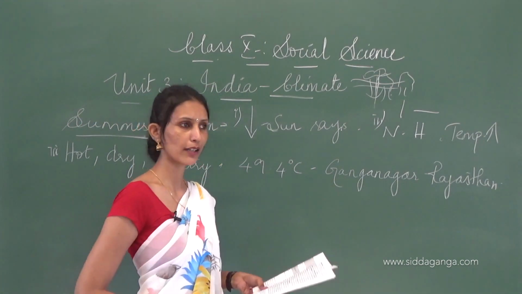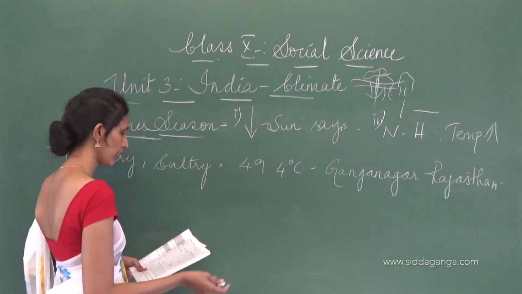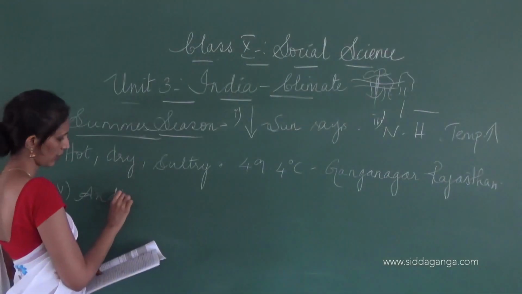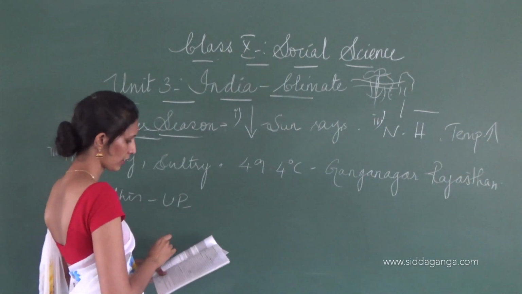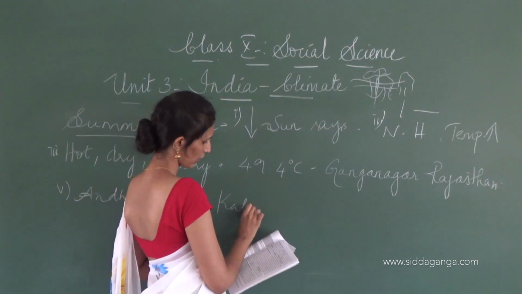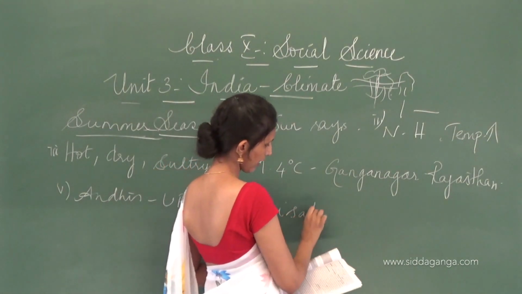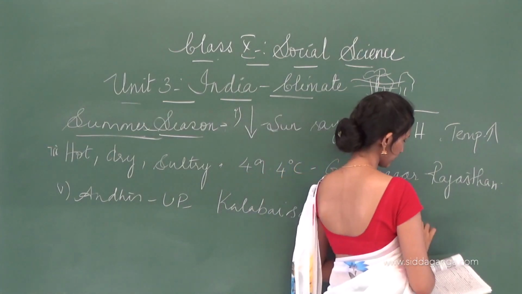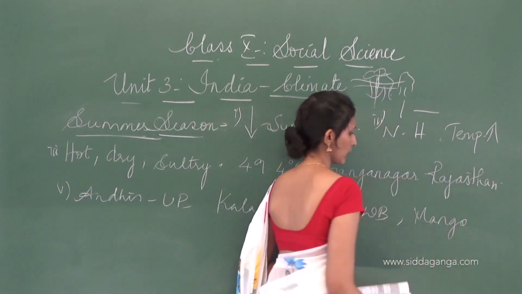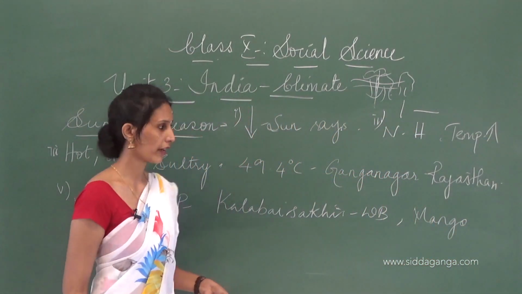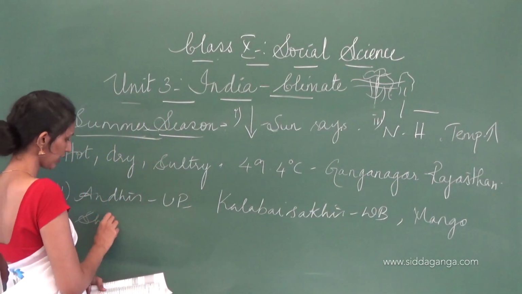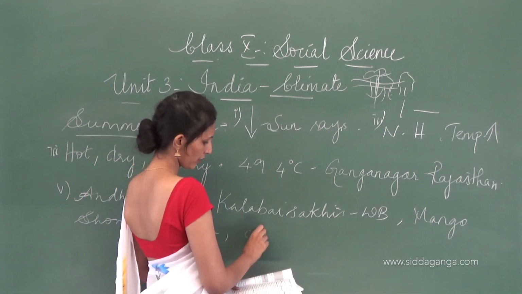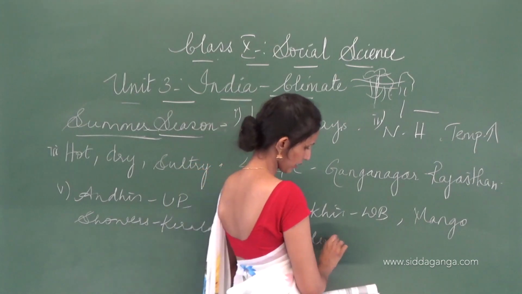Like we have rainfall in the Malnad region, similarly it is happening here, and that convectional rainfall is called Andhis in Uttar Pradesh, Kalbaisakhi in West Bengal, mango showers in Kerala. These are because of the monsoon bearing winds or the rain bearing winds. So mango showers in Kerala, and coffee blossom in Karnataka.